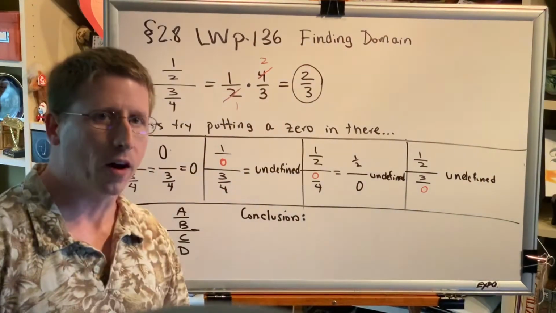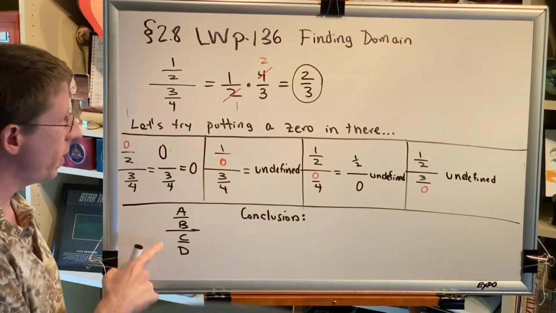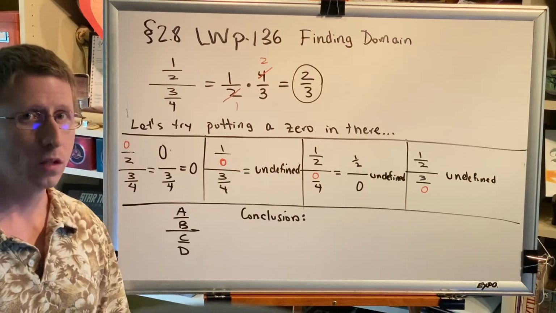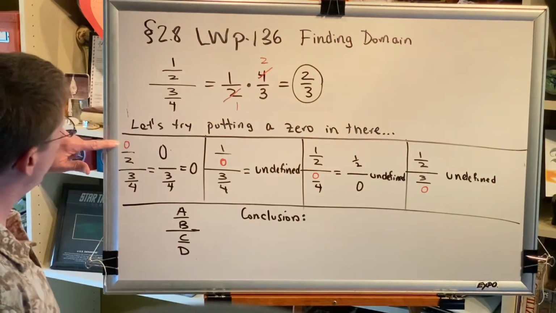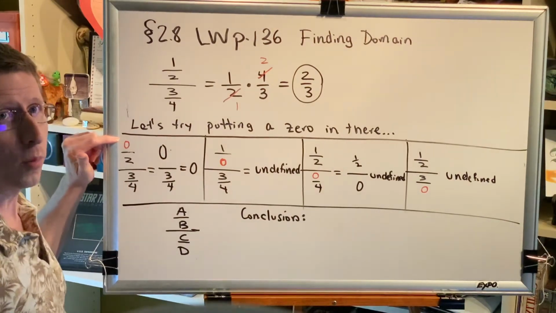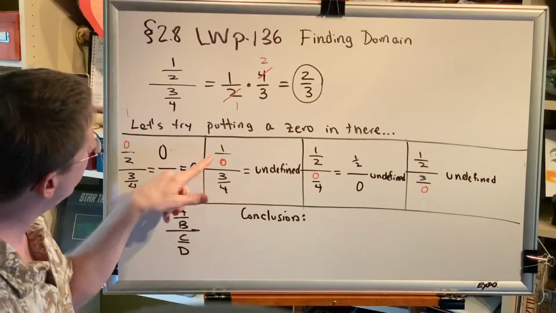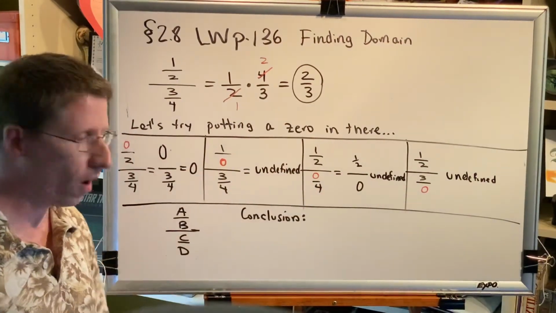Now, what's the pattern? What conclusion can we draw? Whenever we have two fractions being divided, where is a 0 allowed to be, and where is a 0 not allowed to be? 0 is okay in the numerator of the numerator, because we get the result 0. But in any other position, the result becomes undefined.